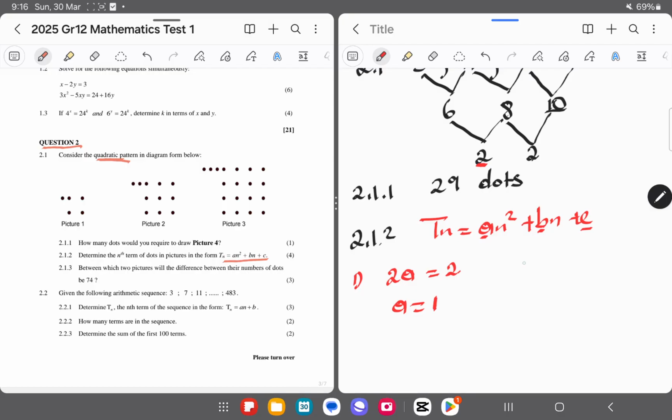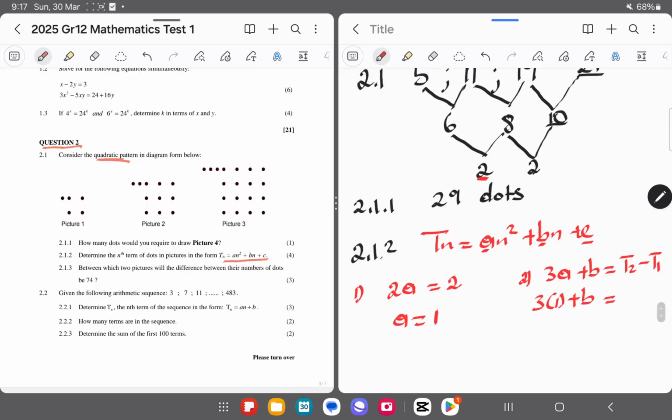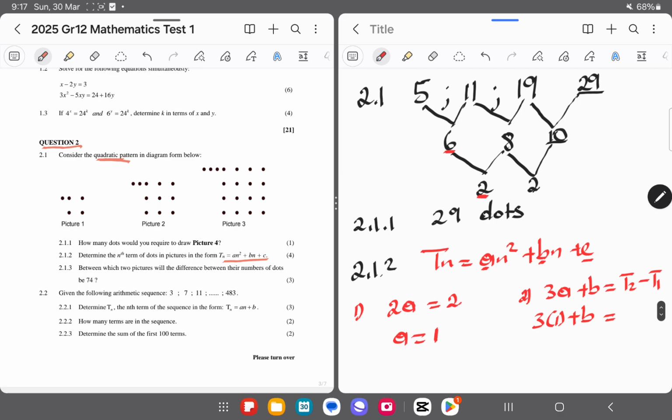If we divide everything by 2, we will get A as 1. Now the second step is to get the value for B, and to get B we will always say 3A plus B is equal to term number 2 minus term number 1. Now 3 times the value of A, which is 1, plus B. Now term number 2 minus term number 1 is what? 6.